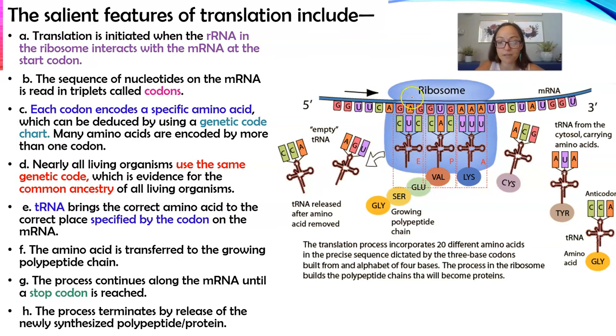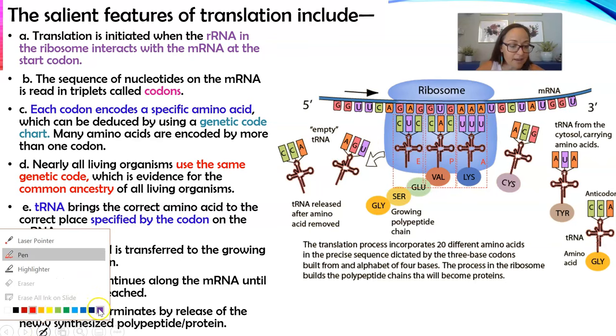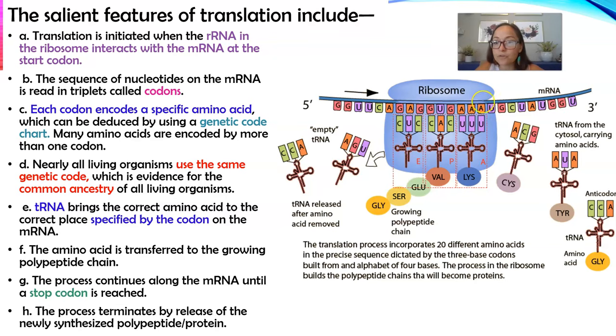So let me explain. Let me change my color pen real fast. Let's use purple here. So for example, this AAA is the codon that codes for lysine. Now, if for some reason you use the anticodon, UUU, on that table, that'll code for phenylalanine and your answer will be wrong.